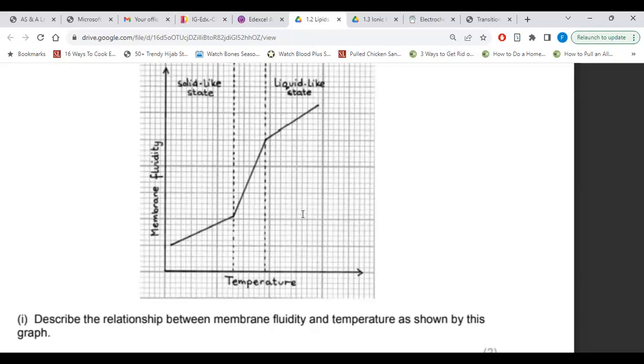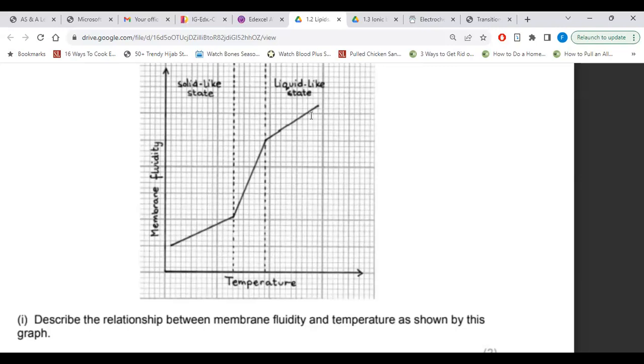When you're going to go ahead and talk about it, you can say that as the temperature increases, the membrane fluidity shifts from a solid-like state to a liquid-like state. Now, between the solid-like state and the liquid-like state, there is a sharp increase in fluidity. That's why I said we always pay attention to the steepness of the line.